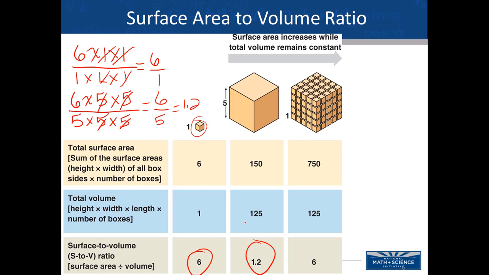So is there any way we could adjust this so that we would still have a 6 to 1 ratio? Well, if we take that cube and divide it into smaller cubes, let's then determine the surface area.